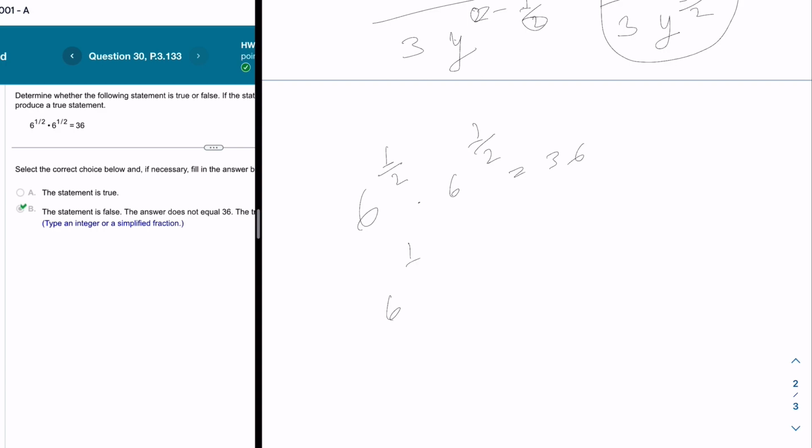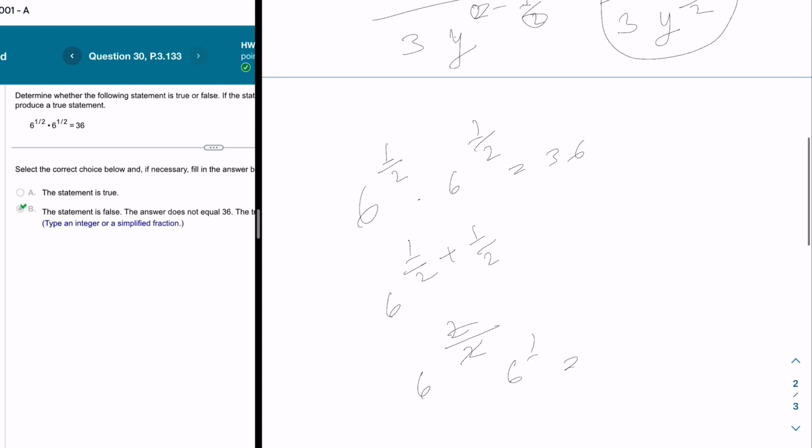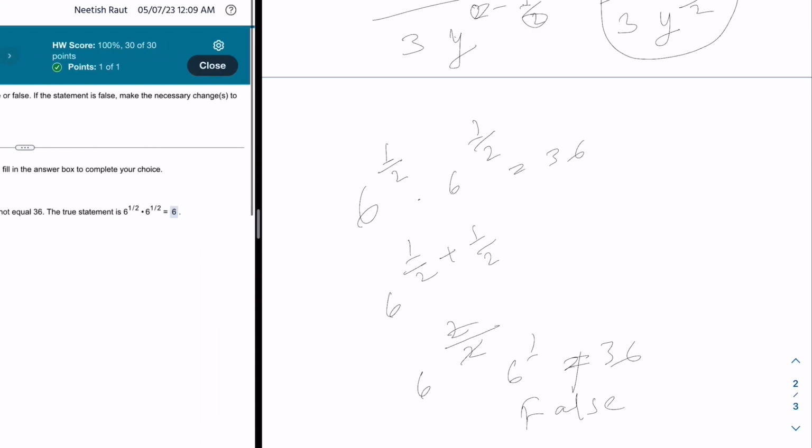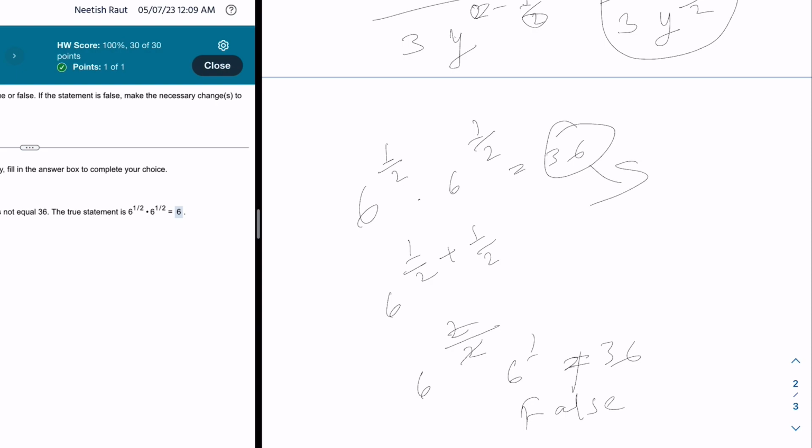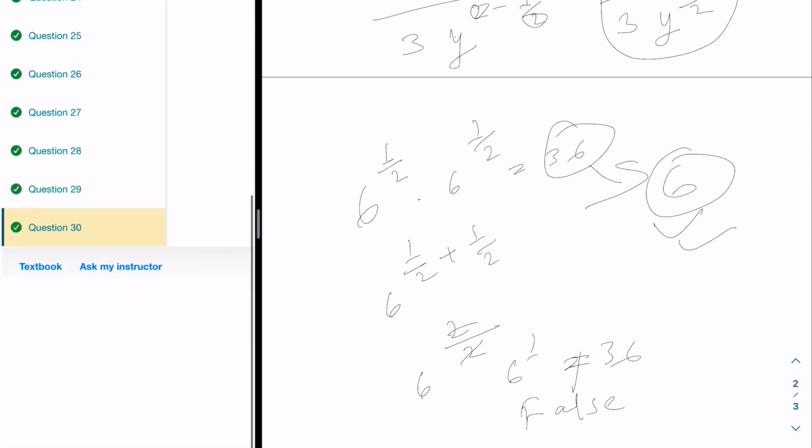So we can write 6 1/2 plus 6 1/2, then 2/2, 6 1 equal to 36. So this is false. And to correct the answer, 36 should change to 6, then it will be correct equation. Okay, we have completed this thing.